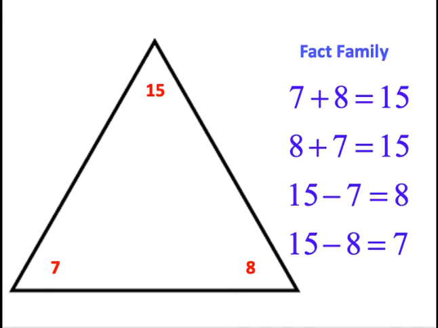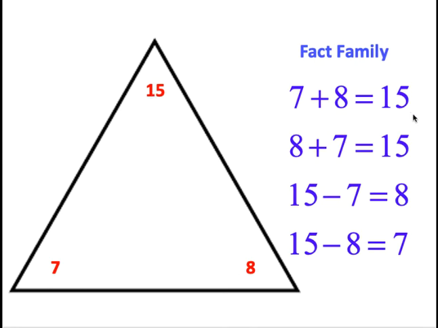You may not have noticed, but it's kind of amazing how these numbers 7, 8, and 15 appeared in the addition and subtraction examples. They are a family of numbers, and the glue that keeps them together is addition and subtraction. From these 3 numbers, we get 4 math facts, 2 addition facts and 2 subtraction facts. The biggest number is at the top of the triangle. At the bottom of the triangle are the smaller numbers that add up to give you 15.